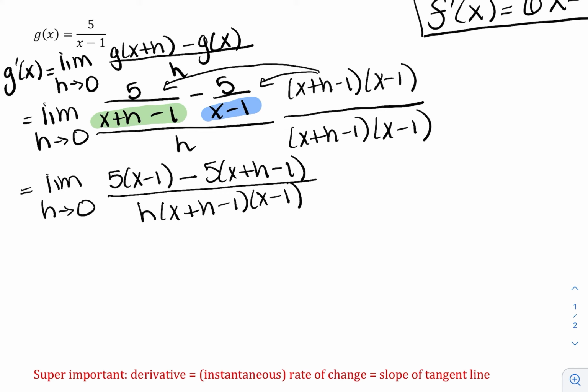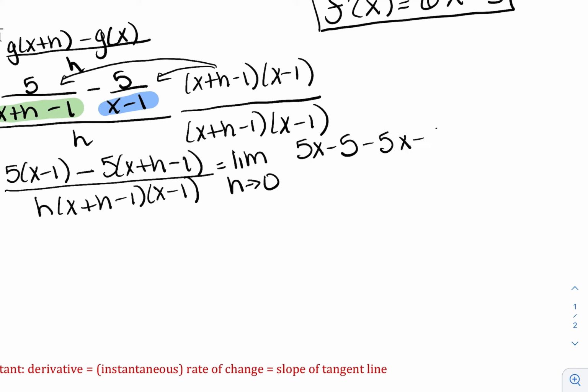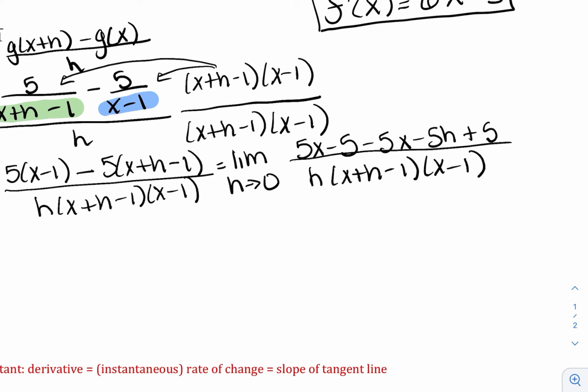Okay, so now what I'm going to do is I'm going to distribute the 5 both times. So it's going to become 5x minus 5. And in the second one, I'm not only distributing a 5, I'm distributing a negative 5. So it's become 5x minus 5 minus 5x minus 5h plus 5, all over h times x plus h minus 1 times x minus 1.